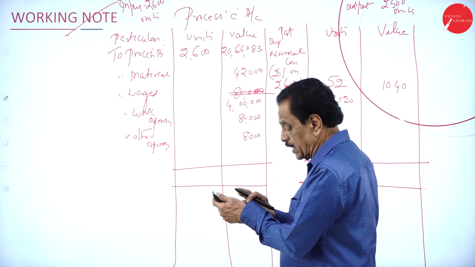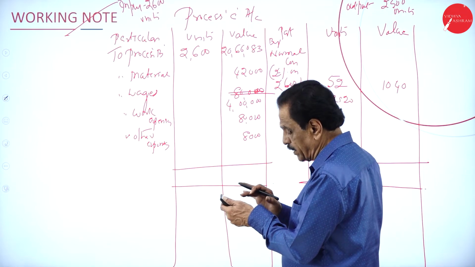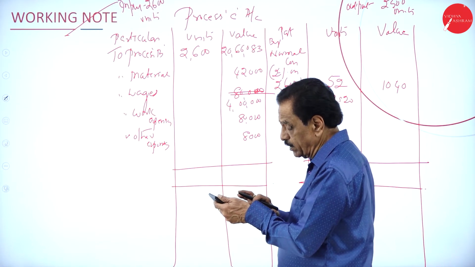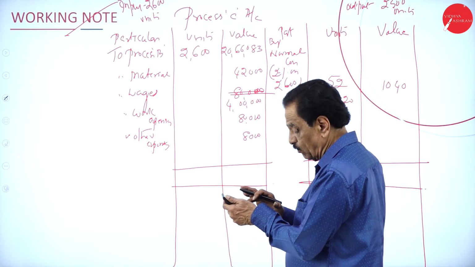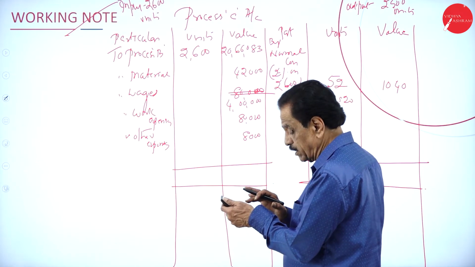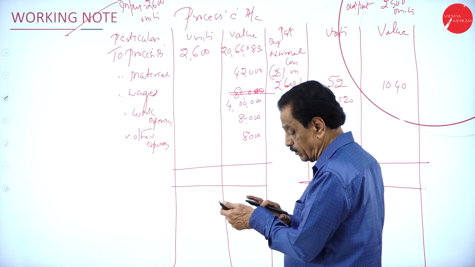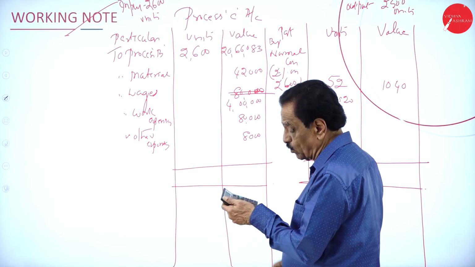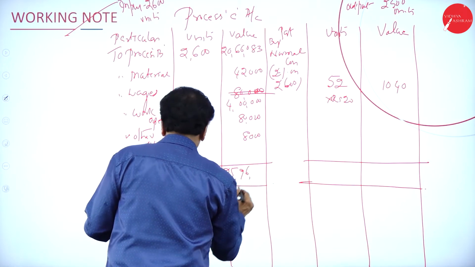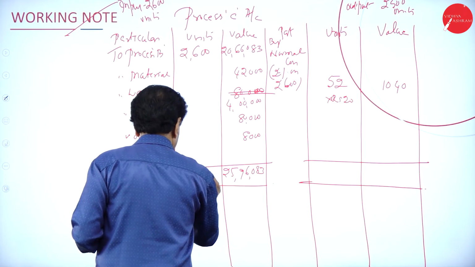Process C, 20,66,083 plus 42,000 plus 4 lakh plus 80,000 plus 8,000. 25 lakh 96,083.